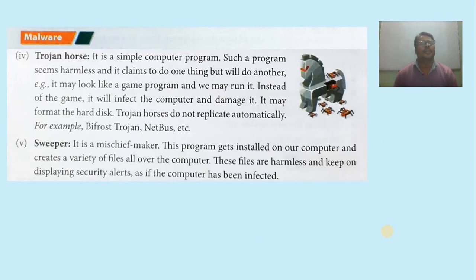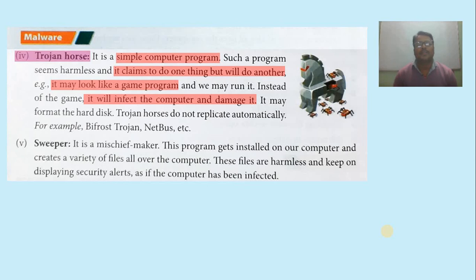Now we move to the Trojan horse. It is also a very simple computer program, but it does another type of task without your information. It may look like a game that you will run and work on, and when you start it, the computer will be infected and damaged. It can format the hard disk also.